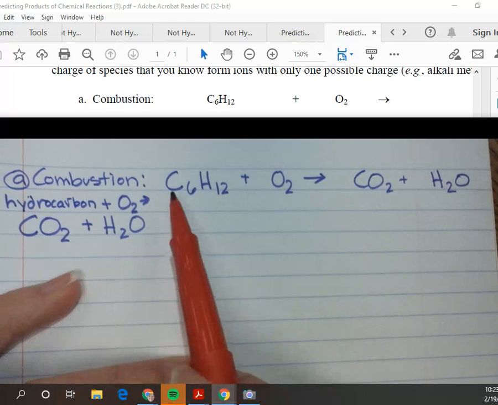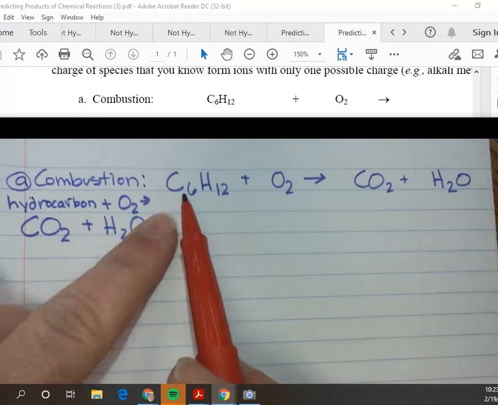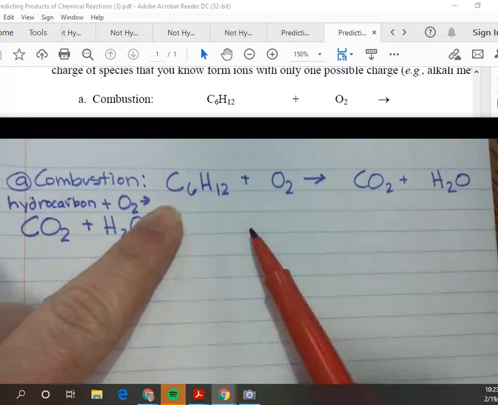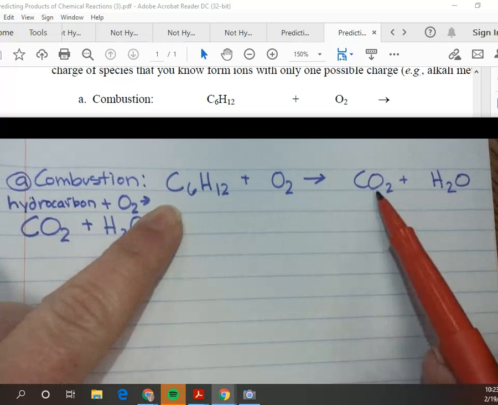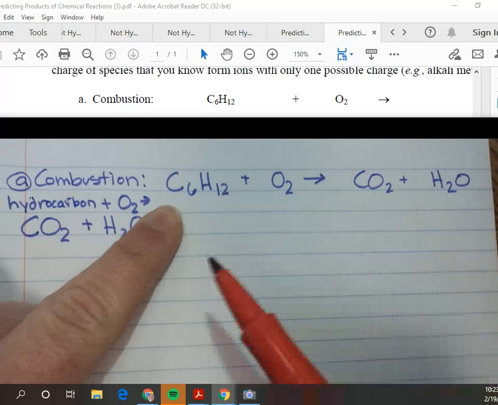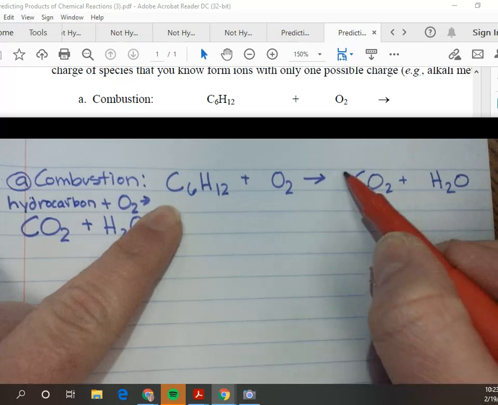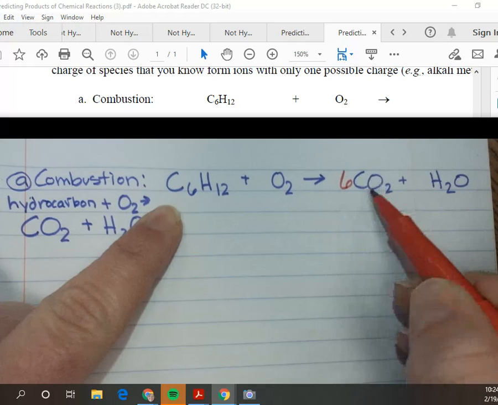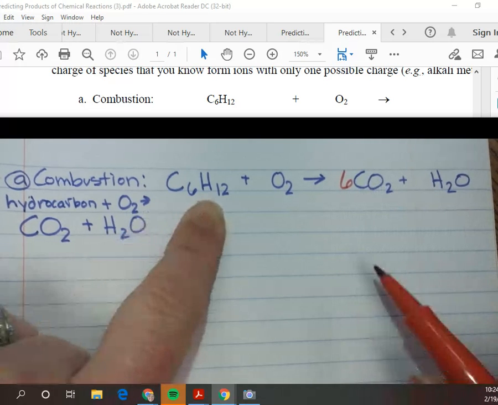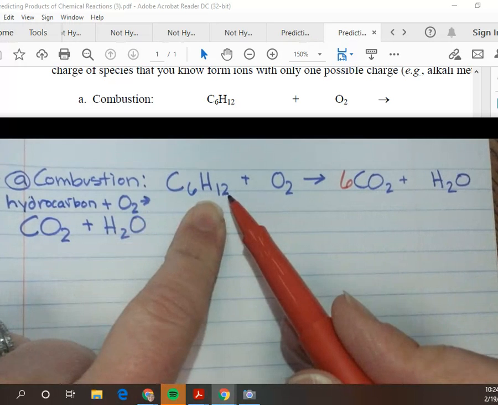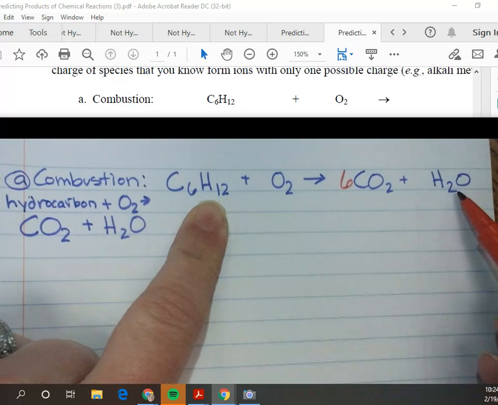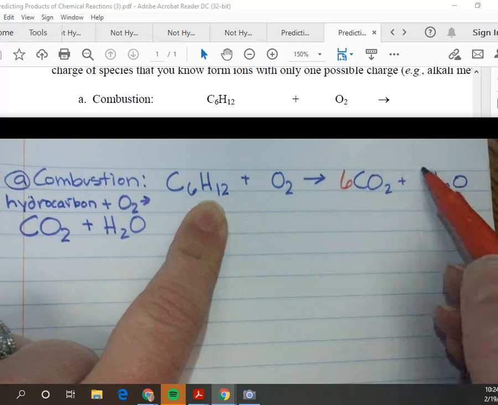So if we look, we can see that there is 6 carbons in the reactants, and there's only 1 carbon in the product. So I'm going to go ahead and put a 6 here, and that gives me 6 carbons. I can see that I have 12 hydrogens, and I only have 2 hydrogens in my products. So I need a 6 here as well.